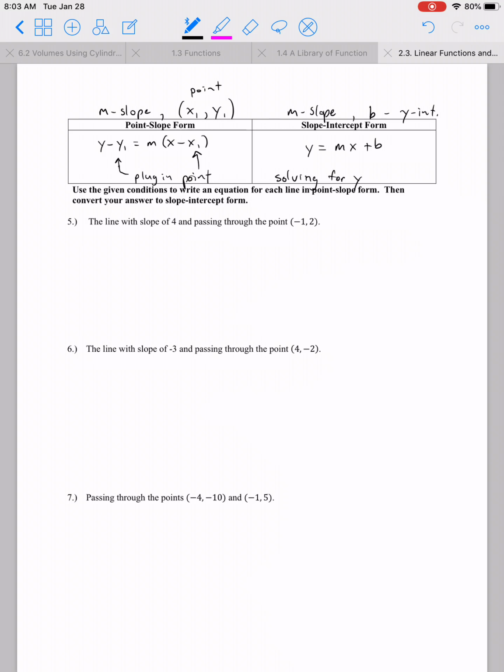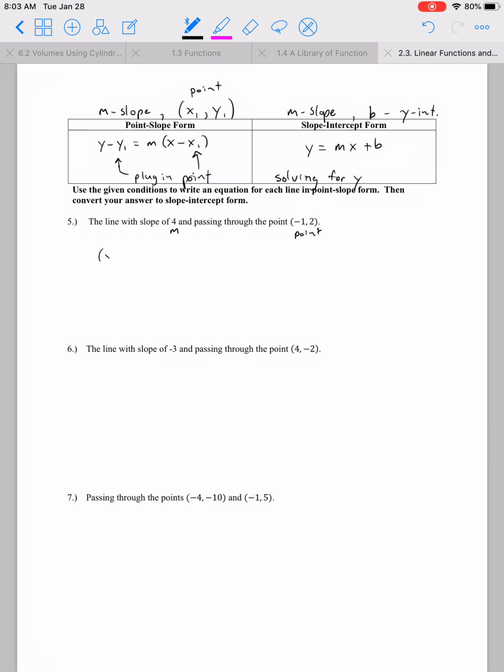All right, so let's try these examples here. The line with a slope of 4 and passing through that point. So we know that this is m, and we know that this is our point. So we go to our point slope form, and we're going to write that down.